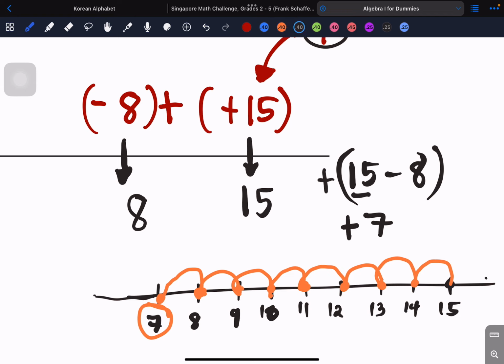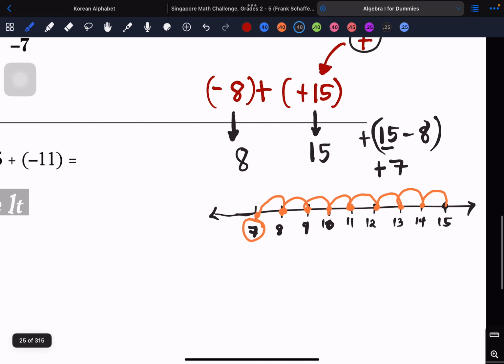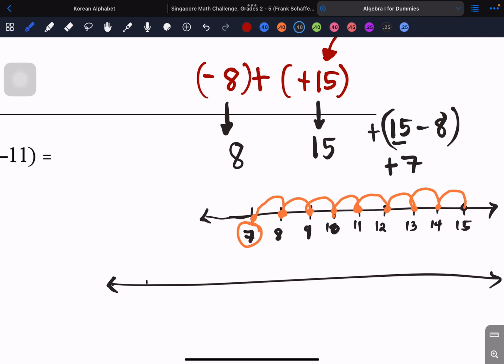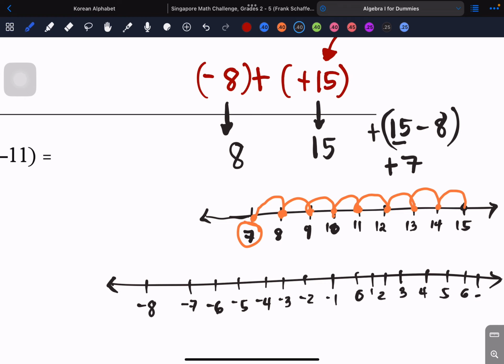Paano naman pag nag-start tayo sa negative 8? Pwede din naman. Okay, paano yun? Dito sa negative 8. So, ayun na.